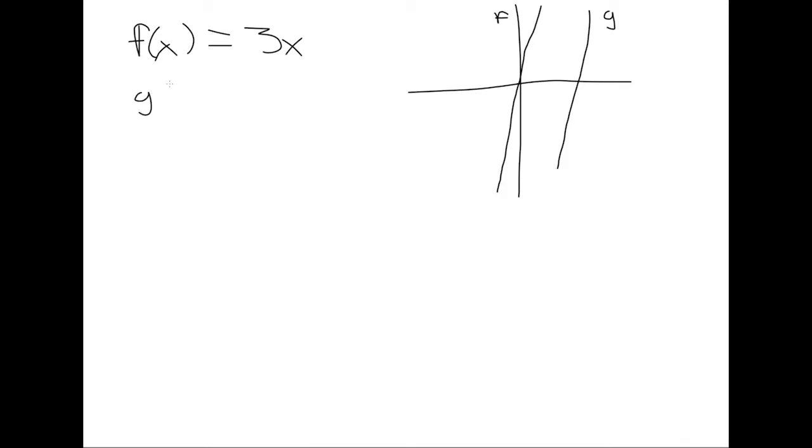So g of x is going to equal something, but we don't know yet what it is. So f, we know, is going to be 3x. The function is always going to be 3x. For example, at the point x equals 0, y is also going to be 0, because 3 times 0 equals 0.